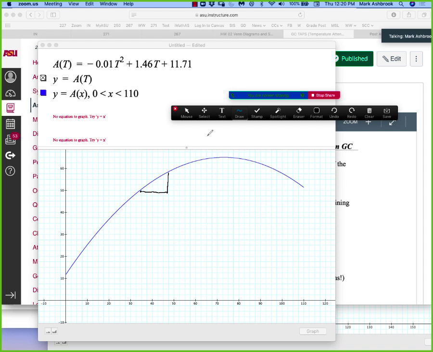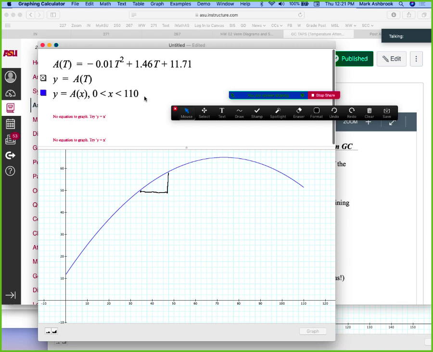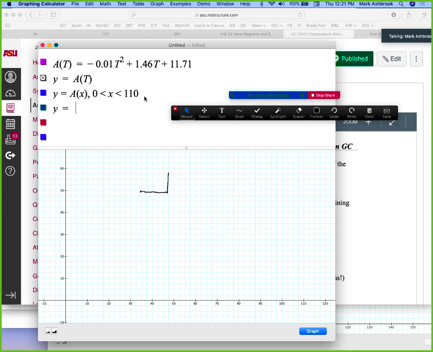Elizabeth. Let's do this one first. Let's do the dx. So y equals, am I going to do y equals 35? Yeah, because you're past that, like, yeah.